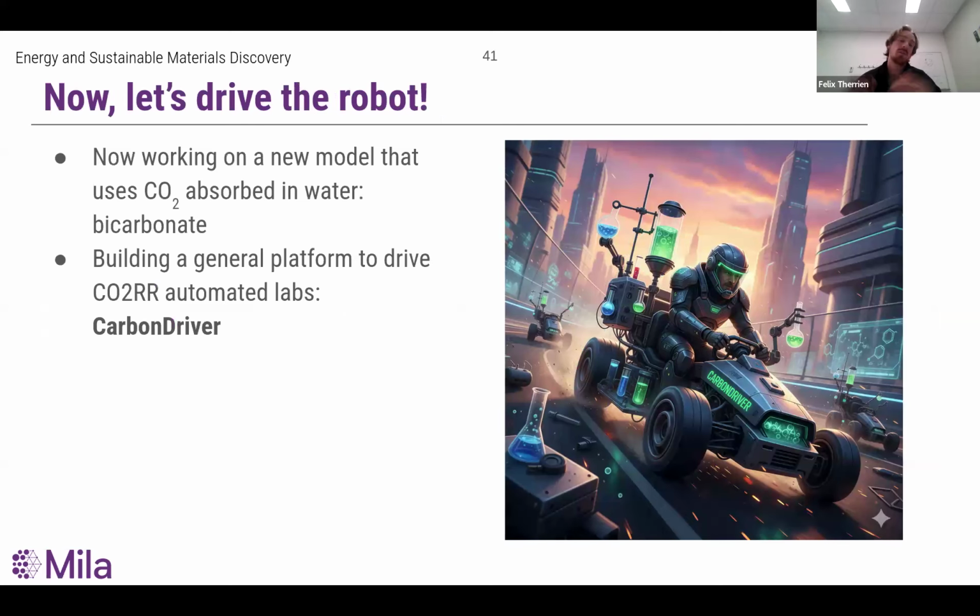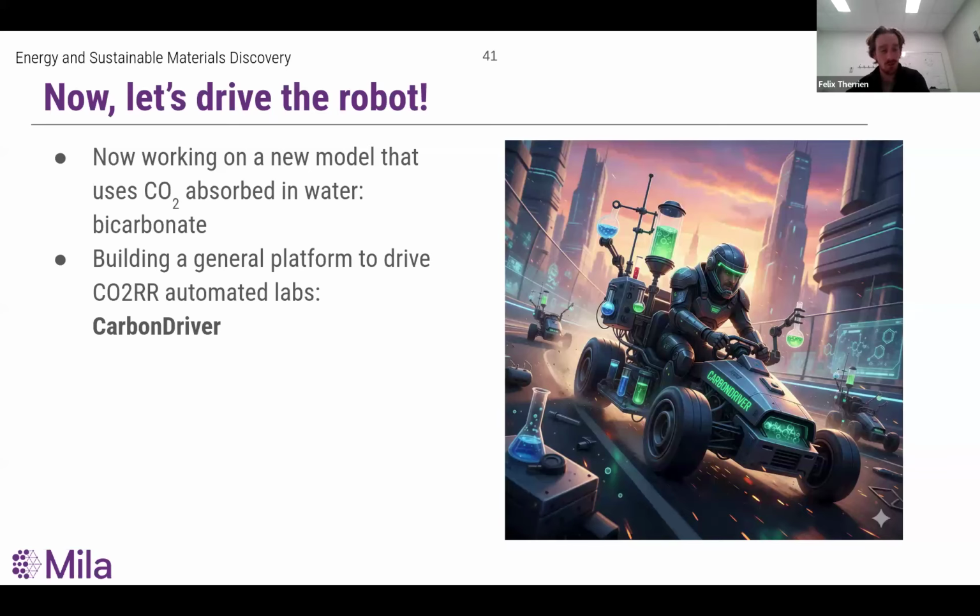Okay. Yeah, so now let's drive the robot. The problem is that while we were working on this model, the robot changed a little bit. When I say robot, I mean the automated lab. It changed to using CO2 adsorbed in water, so bicarbonate. That changes the physics, which means that changes the physics model that we need to use.